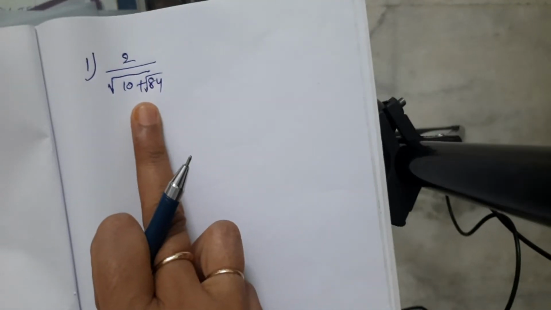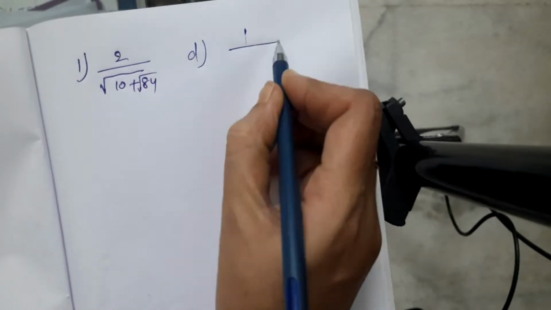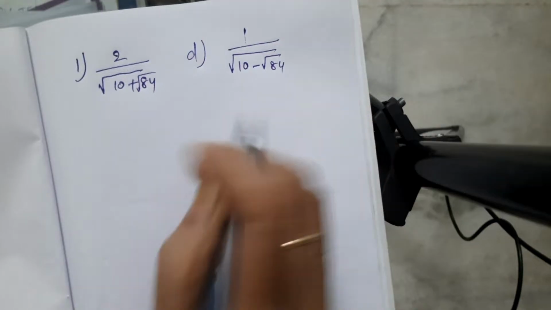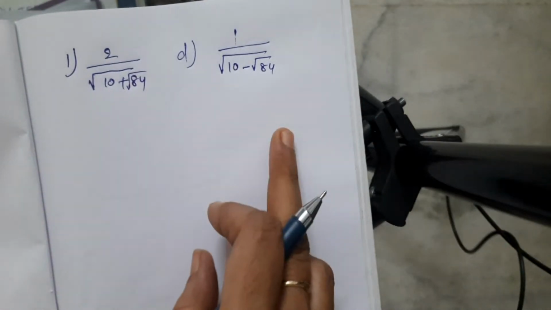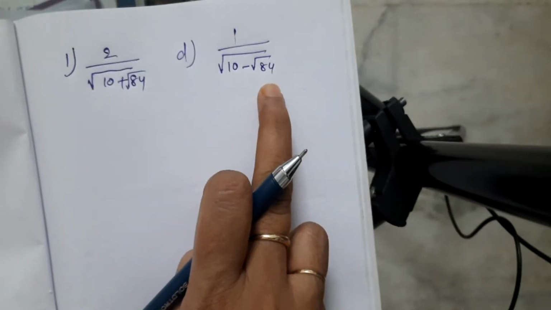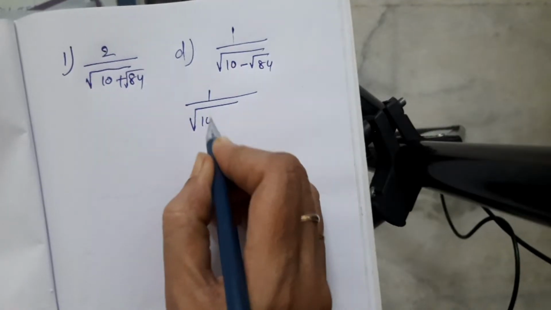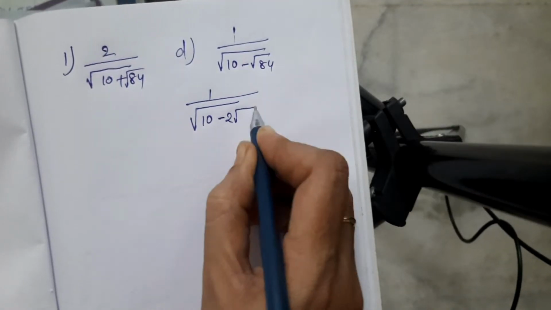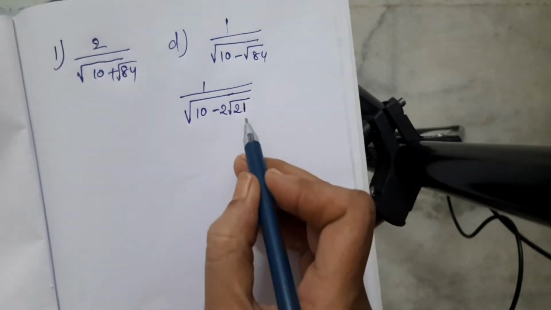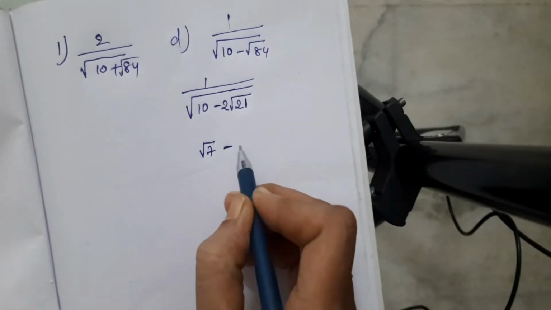Now option number D, if we go through, here it is root 10 minus root 84. Let's solve and find out whether it will be matching or not. Here 84 is there, again we'll divide the number by 4 if you remember. So it's 1 upon root 10 dividing by 4. So here it is 4 2s are 4 1s are 21, 7 3s are. So finally it will be root 7 minus root 3.